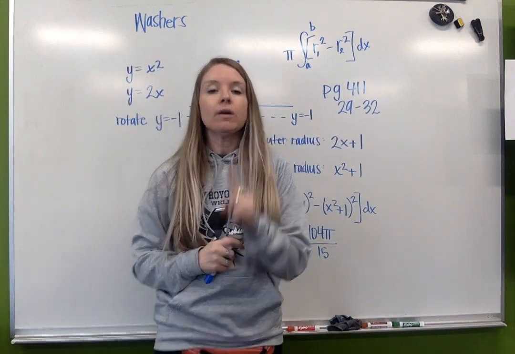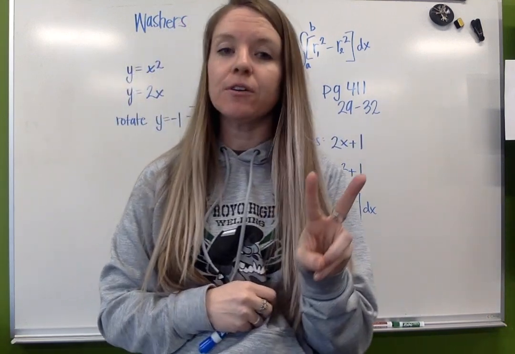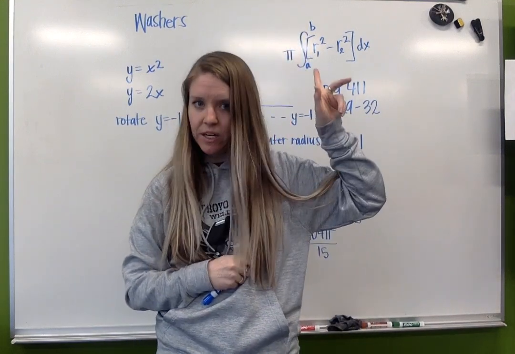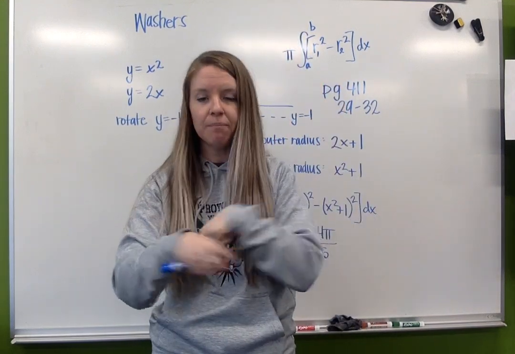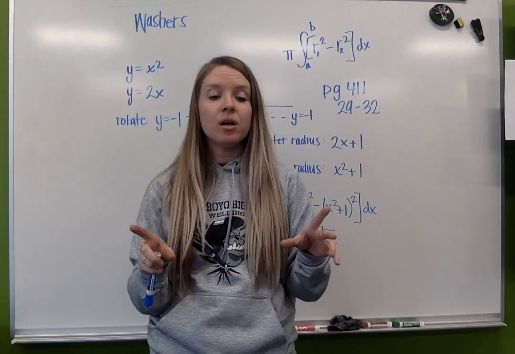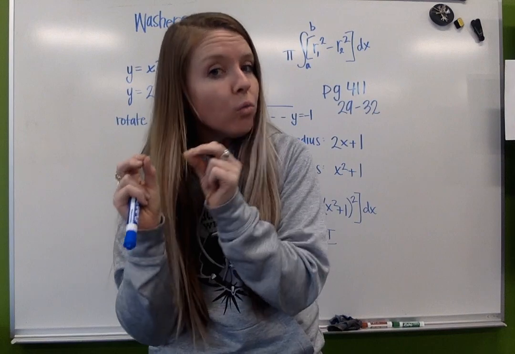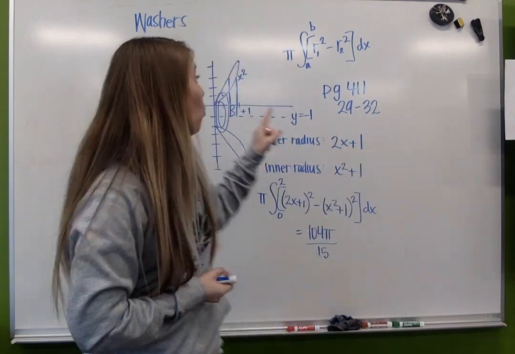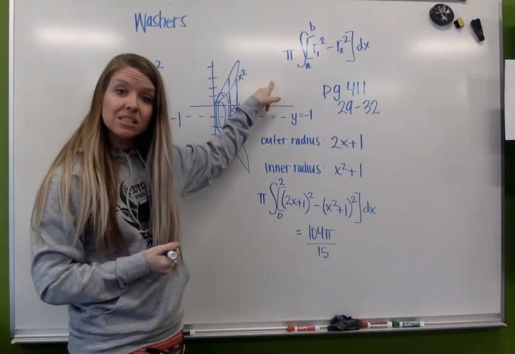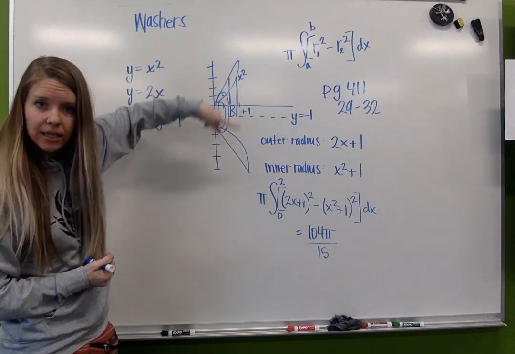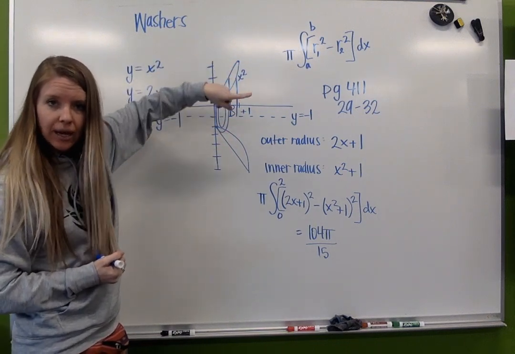All right? So I told you we were going to learn 2 different volumes by rotation today, or with these videos that I'm making whenever you watch them. We will always, I repeat, always use washers and discs when we rotate horizontally like this. Okay?